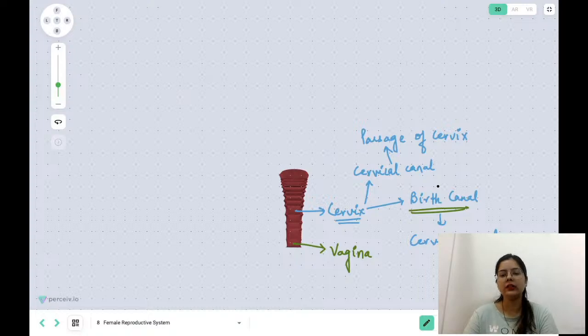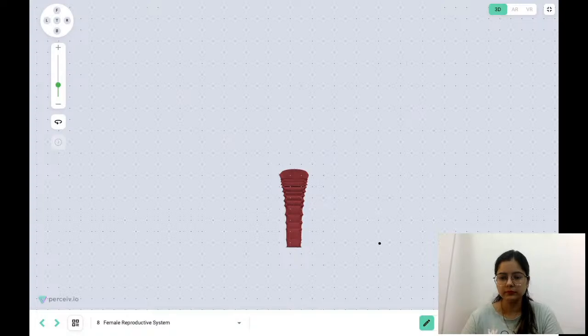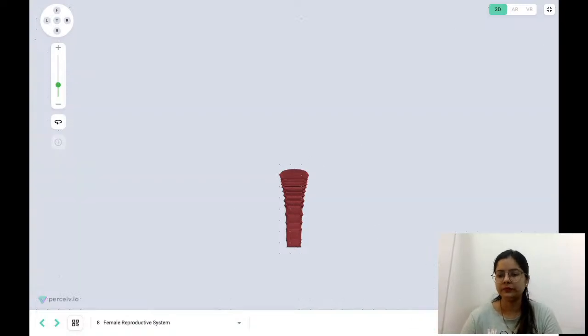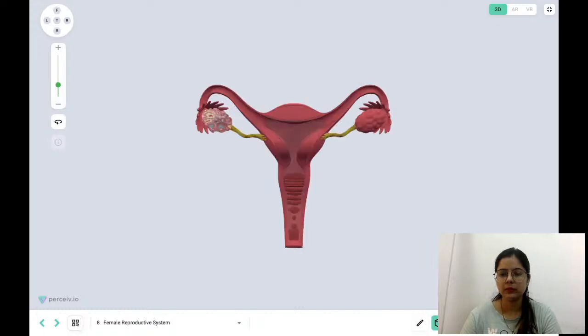So uterus leads to cervix, cervix leads to vagina, and the opening of the vagina, if I show you all the components.